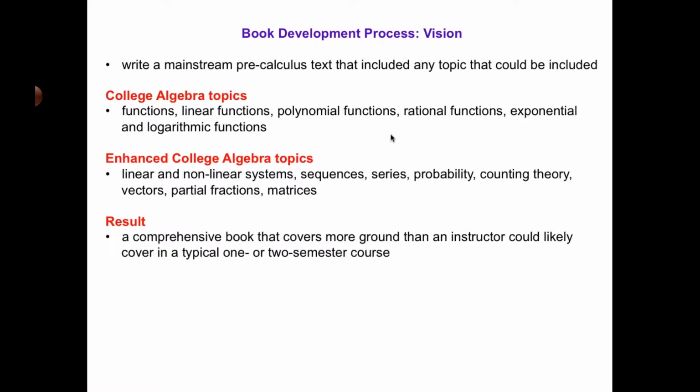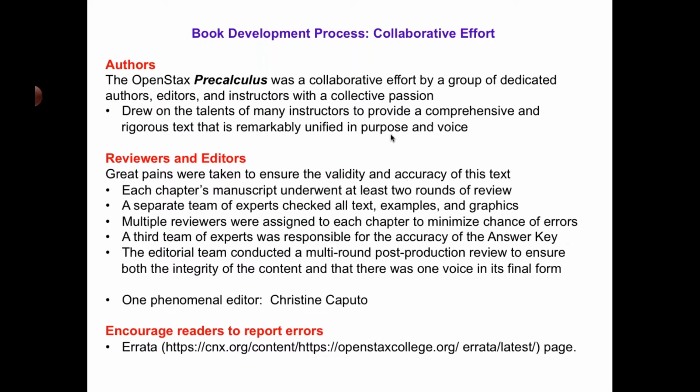We have the enhanced college algebra topics, like linear and nonlinear systems, sequences, series, probability, counting theory, vectors, partial fractions, matrices, and so on. And again, the result is this college algebra text really covers any material that probably a school would want to deliver, certainly there's enough material to cover a 2-semester course if needed.